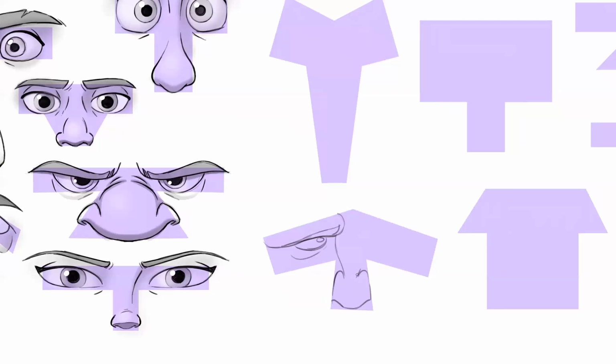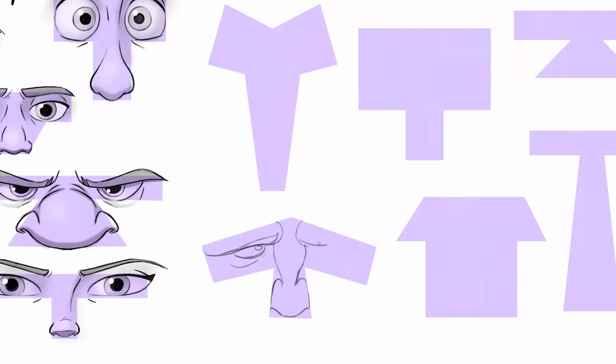Starting with a shape like this T can help create an interesting nose-eyes combination. Like here, this is ideal maybe for a boxer or something, really big eyebrows, but then it has this really tiny nose.